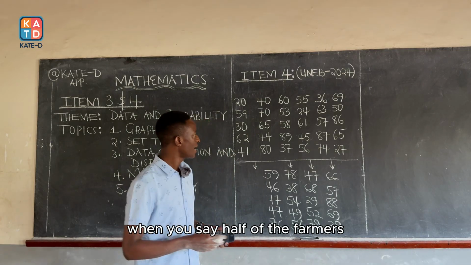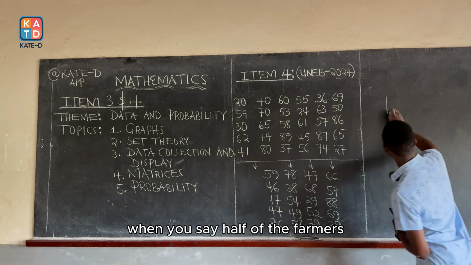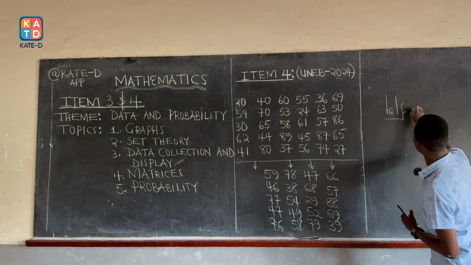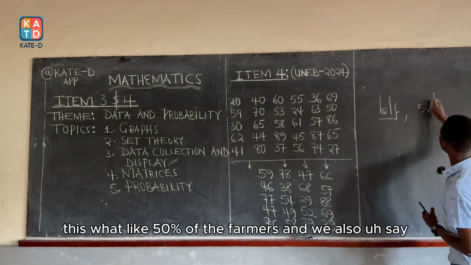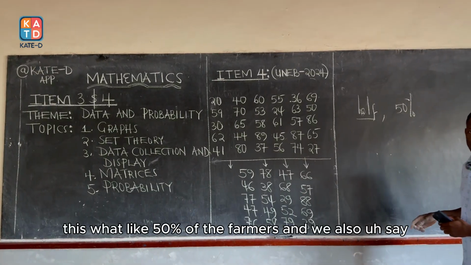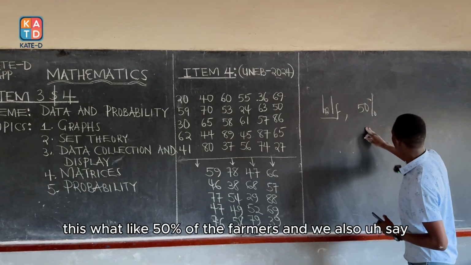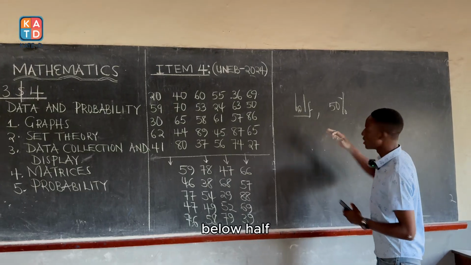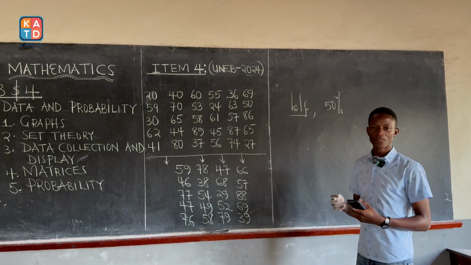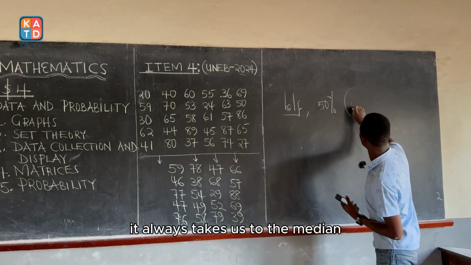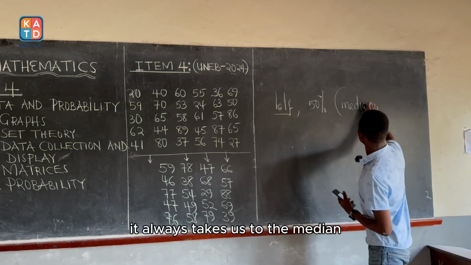When you say half of the farmers, this is like 50% of the farmers, and we also say below half. It always takes us to the median.